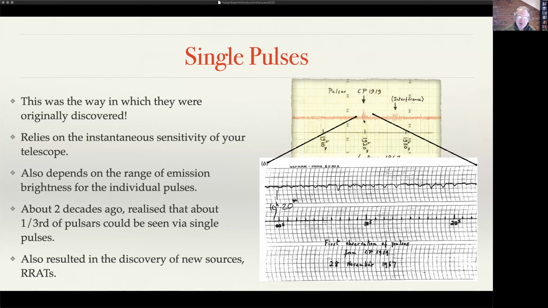And then at this moment, you can see an increase in the amount of radio emission that's detected, and then it goes back down again. And you can see that even way back when they first discovered radio pulsars, there was a problem with interference from other sources of radio emission, such as nearby tractors and things like that.